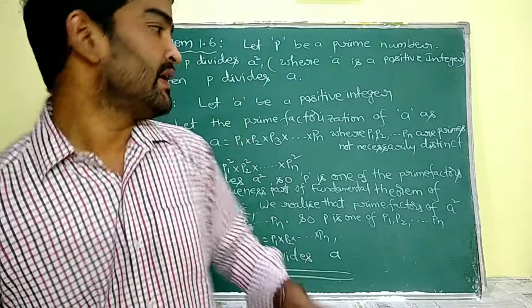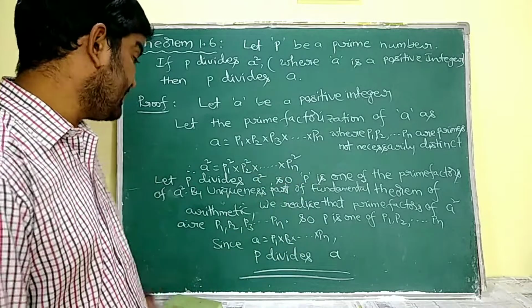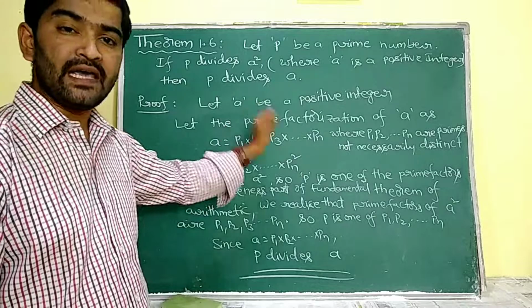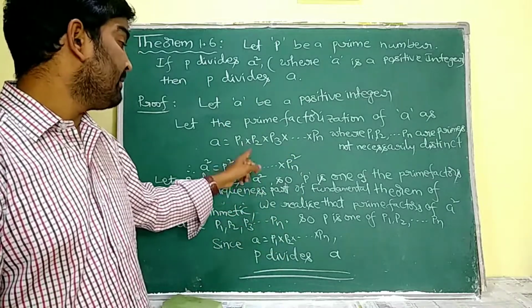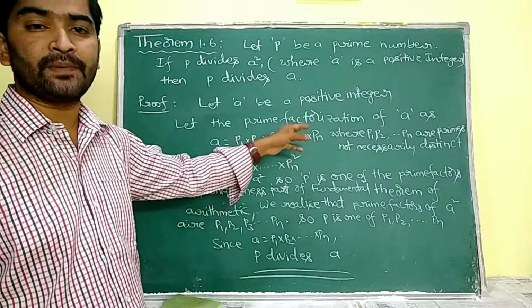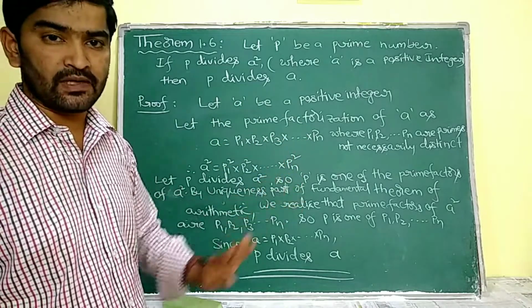Here, by the uniqueness part of the fundamental theorem of arithmetic, we realize that the prime factors of A square are also P1, P2, so on Pn. As the prime factors of A are P1, P2, so on Pn, A square's prime factors are also P1, P2, so on Pn. Why?